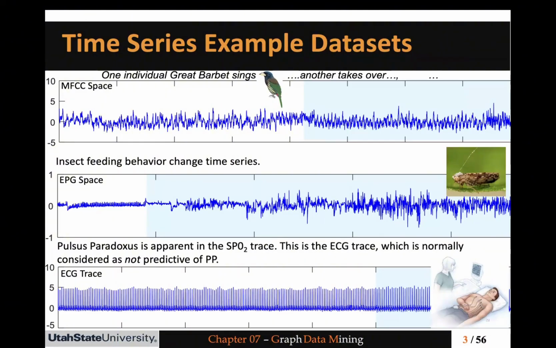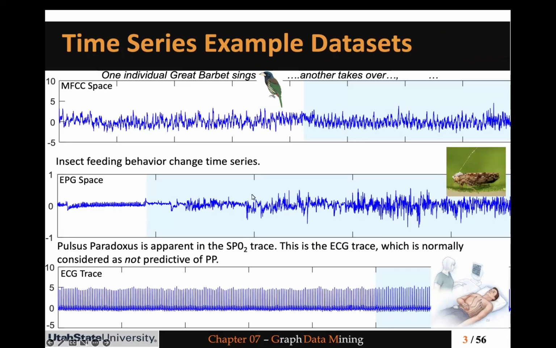It was very impressive to see that although ECGs are normally not used for prediction, some patterns have been found which are predictive of it. So time series mining can sometimes be very powerful at finding patterns which are not seen by the naked eye, or on the machines and devices that the doctors might have.